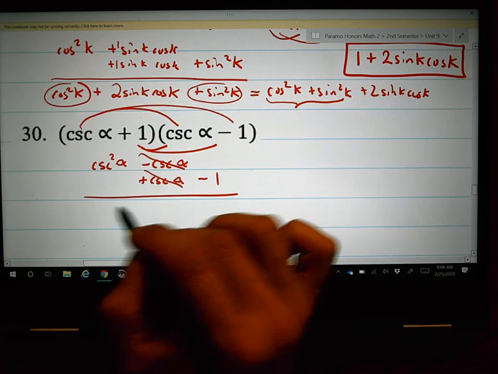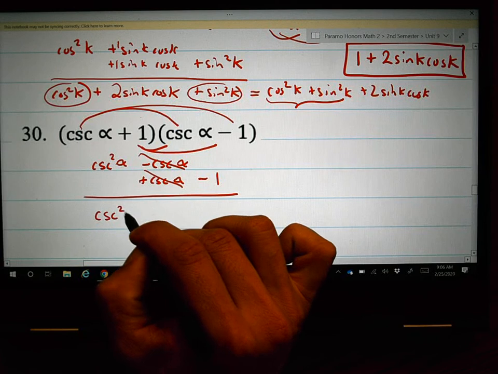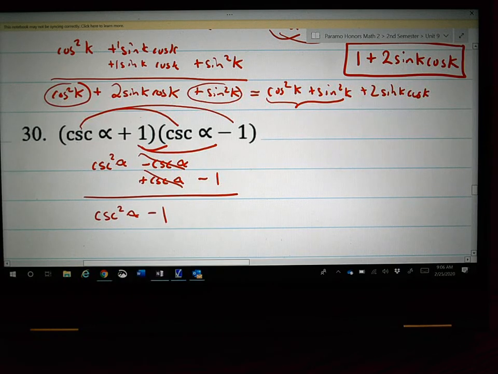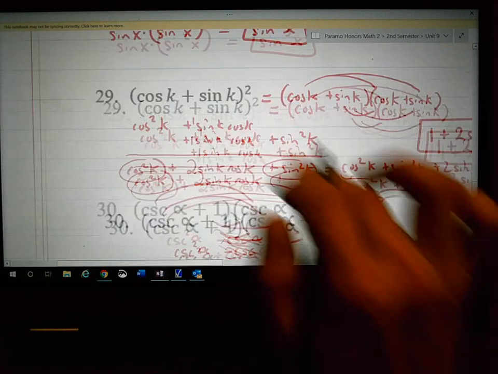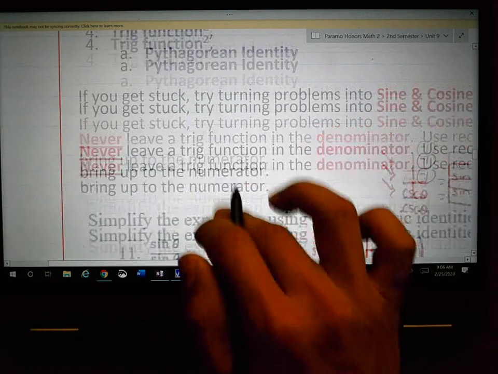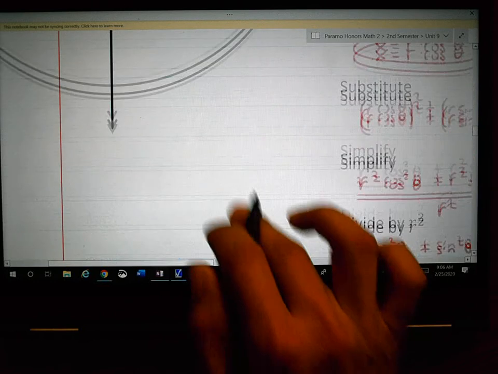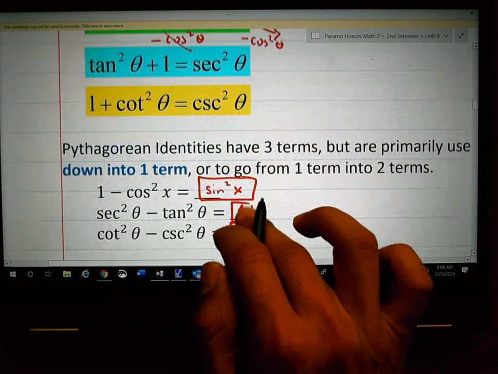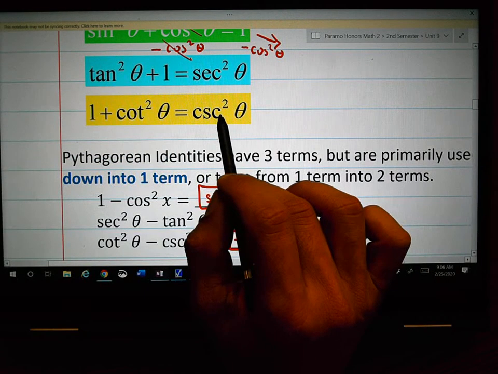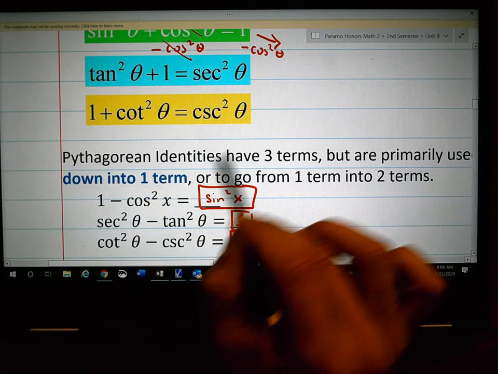Cosecant squared of alpha minus 1 is an identity. Cosecant squared of alpha minus 1 turns into something.